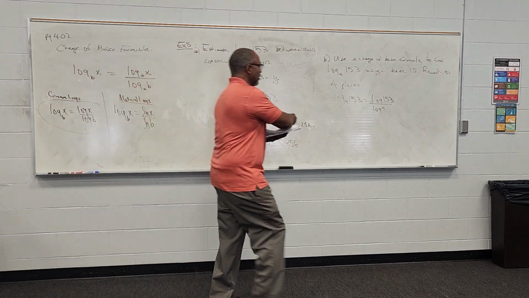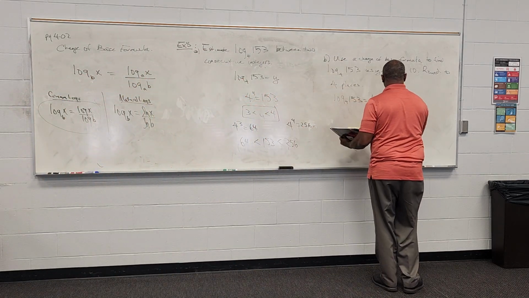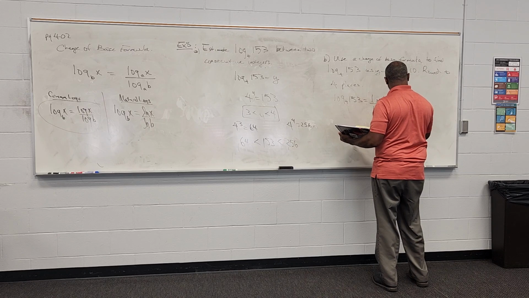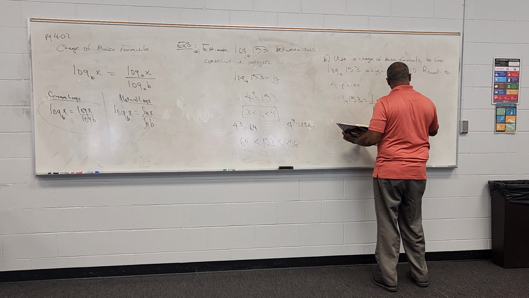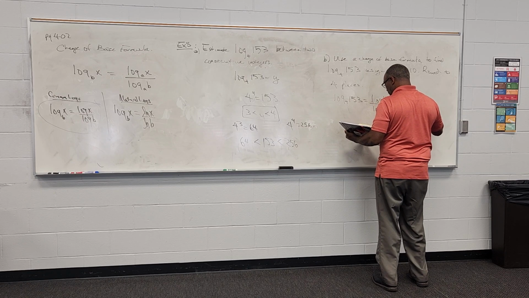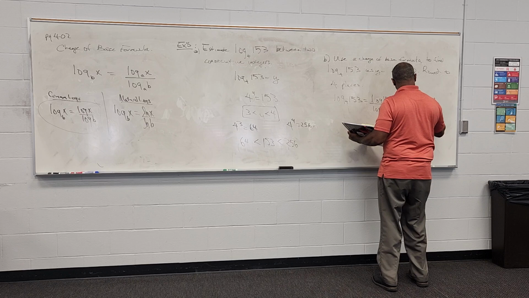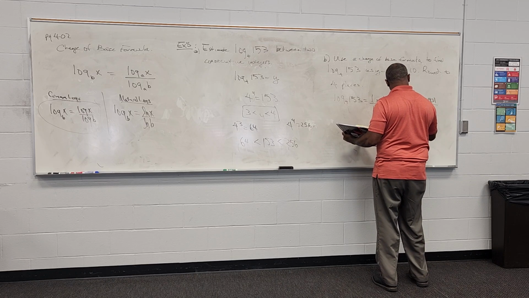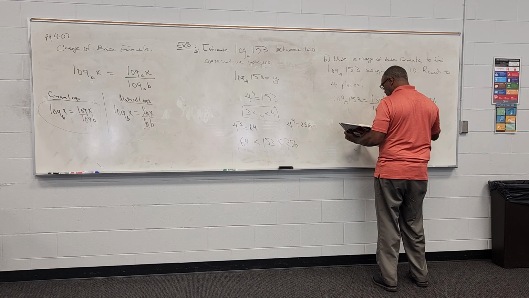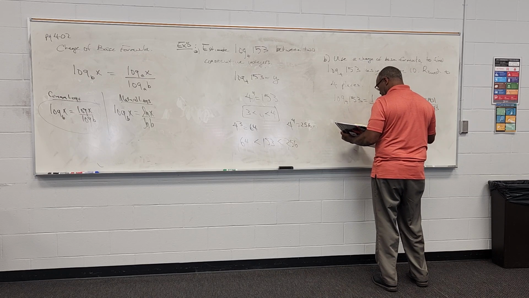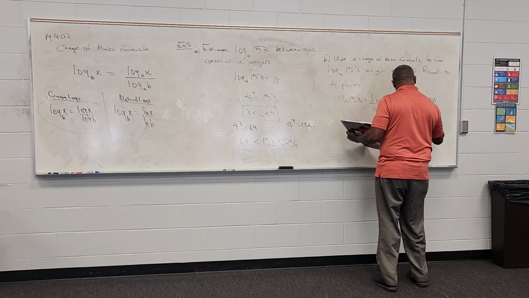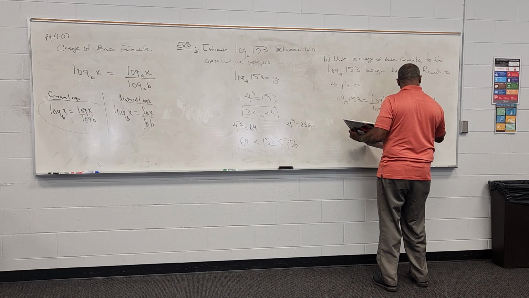So use that log x key on your calculator, take the log of 153, and this is approximately equal to 2.184691431 over 0.602059913, and round that to 4 places, and they say that's 3.6287.